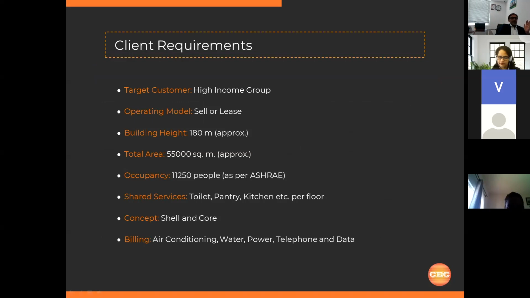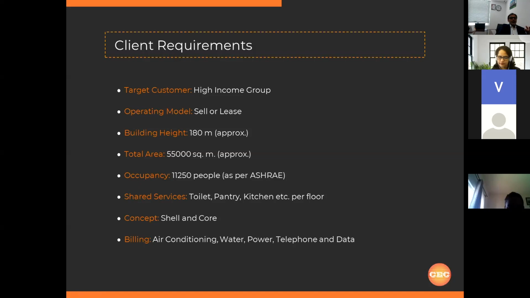When we talk about designing of services in a project, these are a few aspects we ask the client. Who is the target customer? Looking at the facade of the building, we analyze this could be a high-end group, where we are talking about sophisticated offices. Now, the offices are in sell mode or lease mode.